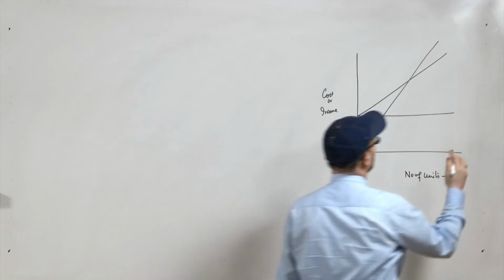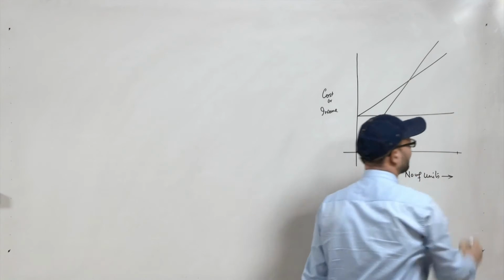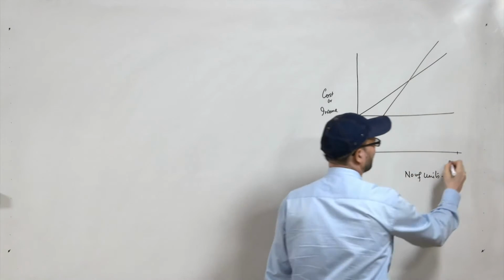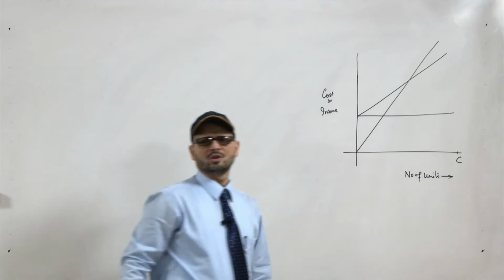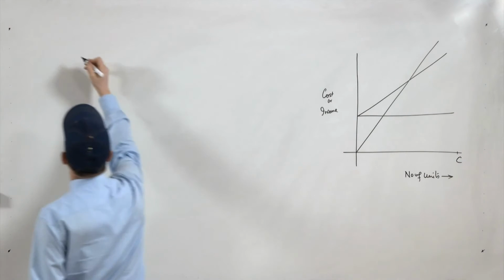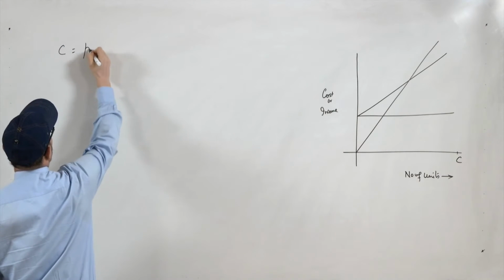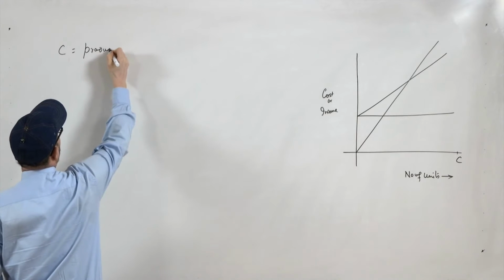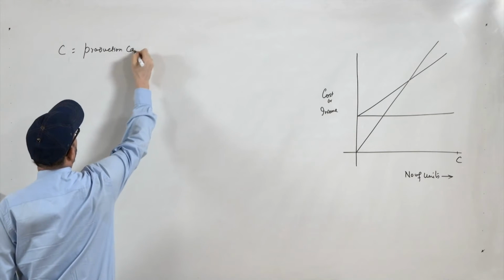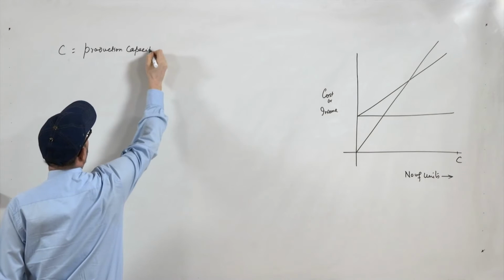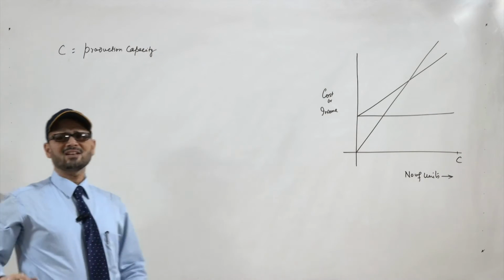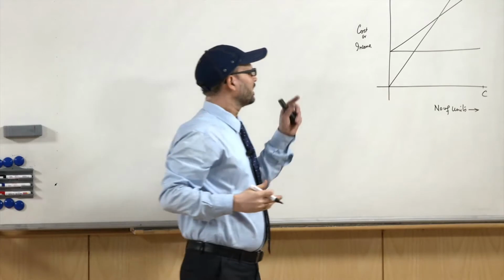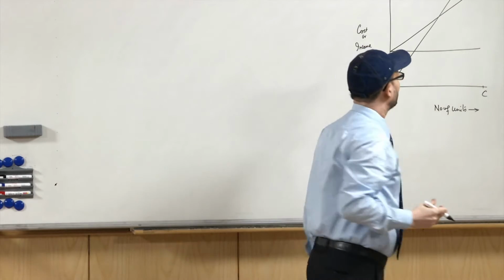Now, suppose the organization has a capacity, that is C. So, C is the production capacity. Now, the organization thinks of making n units in the year.